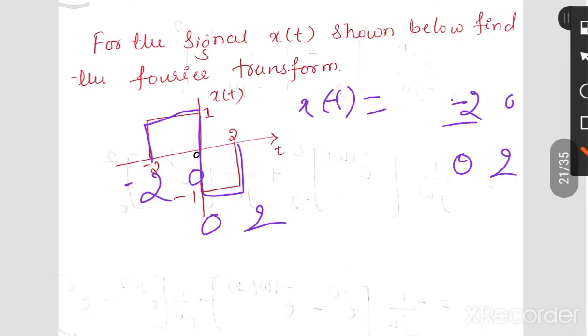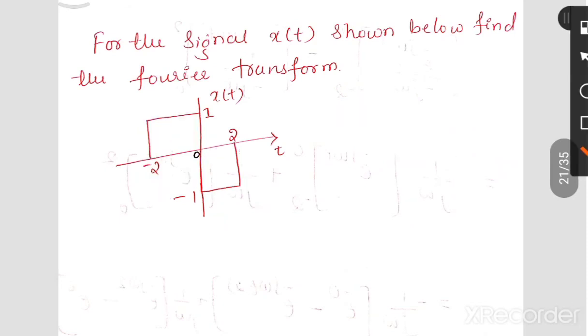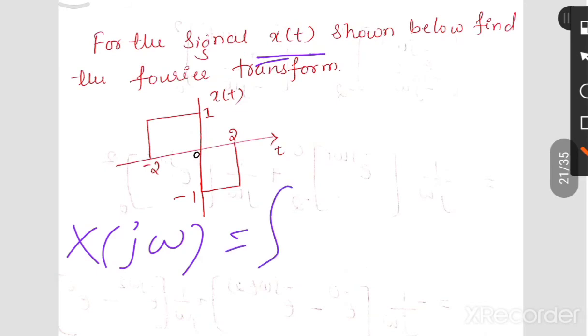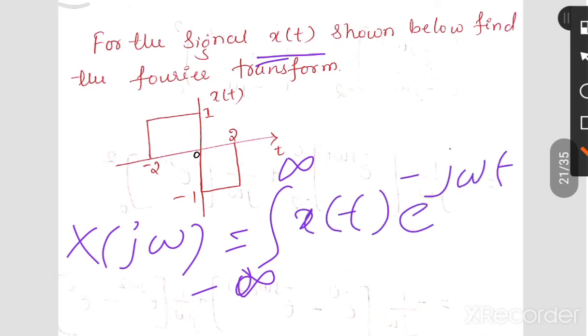Then when it is from minus 2 to 0, its magnitude is plus 1, and when it is 0 to 2, its magnitude is minus 1. Otherwise this will be 0. So now we can easily write that x of j omega, that is the Fourier transform of this given signal, will be equal to integration from minus infinity to plus infinity of x of t into e raised to minus j omega t into dt.